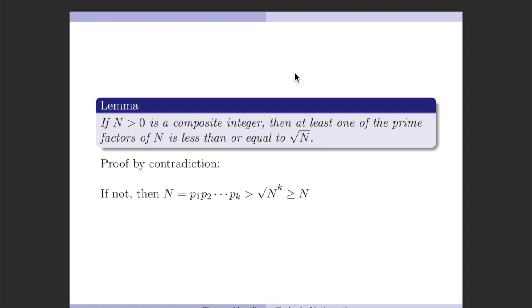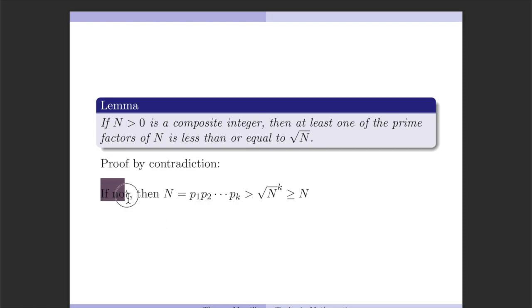If a positive integer n is composite, then at least one of its prime factors has to be less than or equal to the square root of n itself. It's going to have at least two prime factors, since we're assuming n is a composite integer, and the proof is really straightforward.